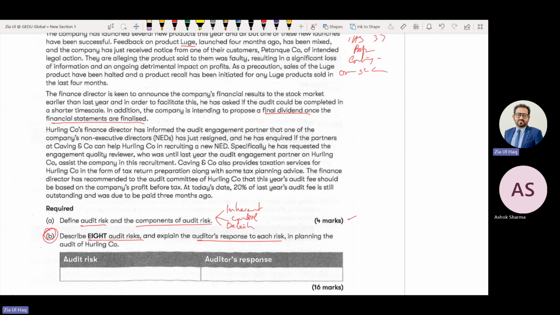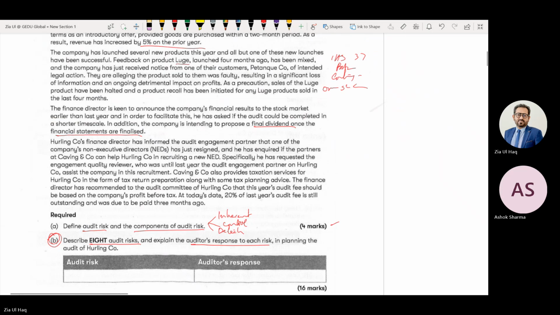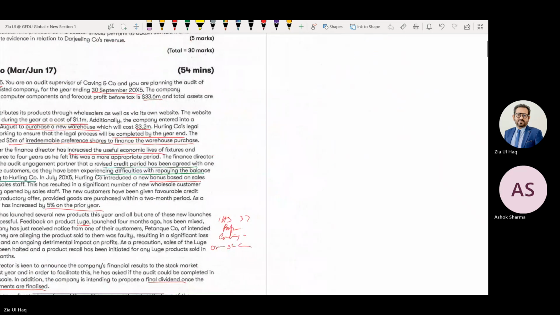Who should appoint the client staff? Company management. If we are performing a management level function, there is an advocacy threat. So, ethical threats.